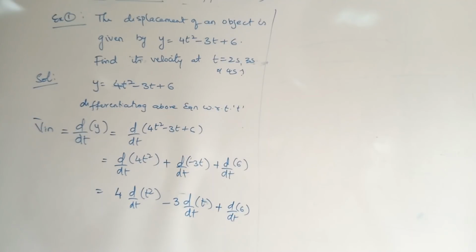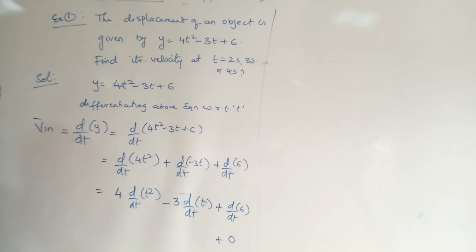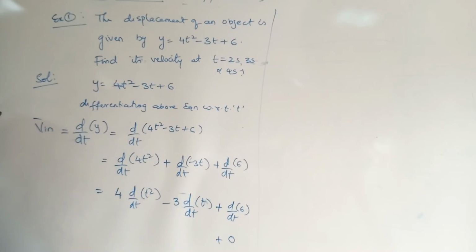Now can you apply the formulas clearly? Let us go back to them. d/dt of C, a constant, is 0. Refer to the formulas. This is of the form d/dt of x to the power n. What is the formula? n times x to the power n minus 1.